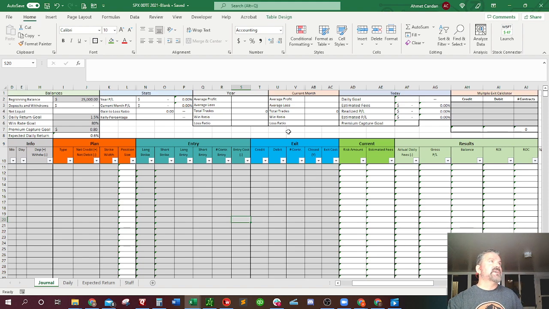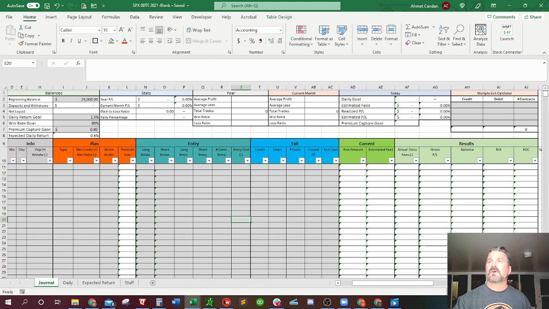So what I'll do is, you'll notice I haven't entered any trades, which is the reason none of these cells are populated up here. But as we enter trades into the journal, you'll start seeing different values populate these cells.